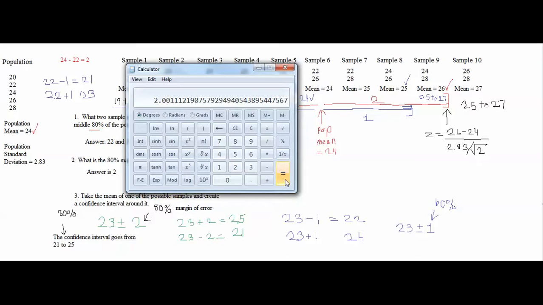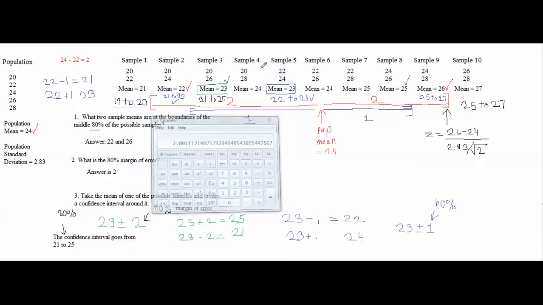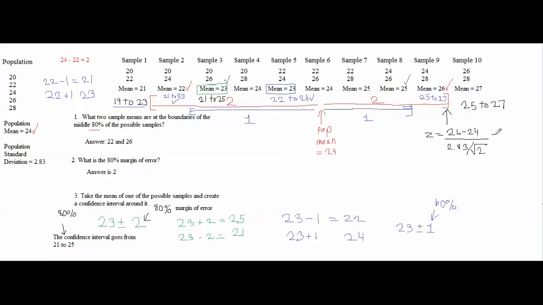Looks like I'm getting 2 on the bottom. Okay. I'm not quite sure if that's correct, but we'll see if it is. The top is 26 minus 24, which is 2. This comes out to 1. I'm going to double check my work on the bottom again.